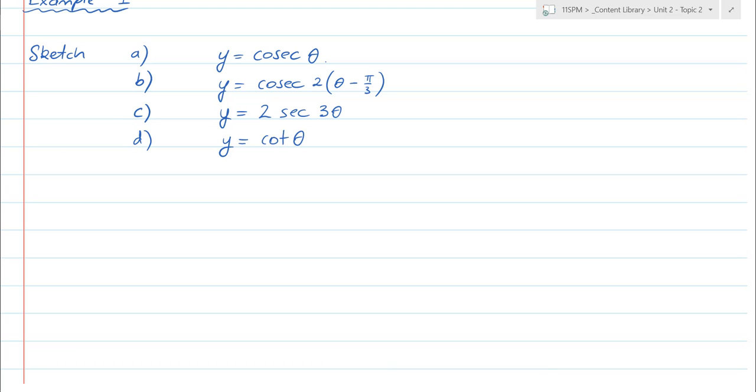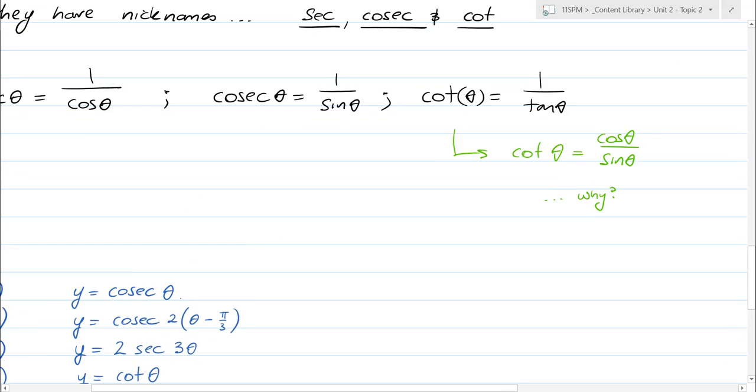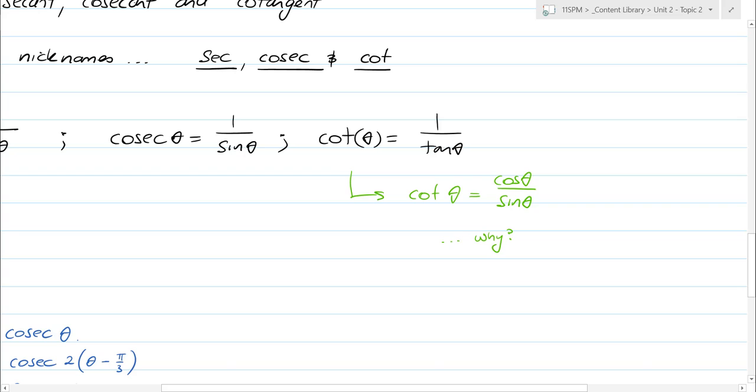What did cot theta also equal? Cot is 1 over tan. Cos over sine, because tan is sine over cos. Why is it that? That's my question. That's what we're asking. You divide it, so you switch. Can you say that again, Connor?